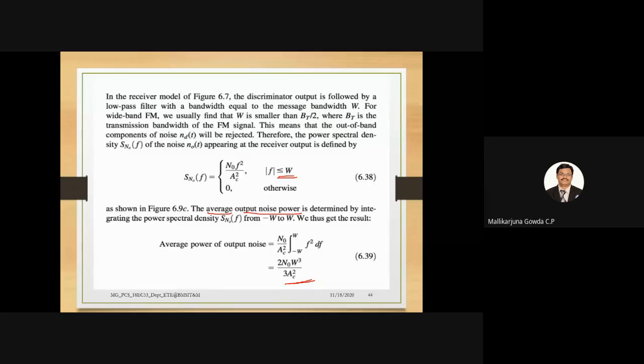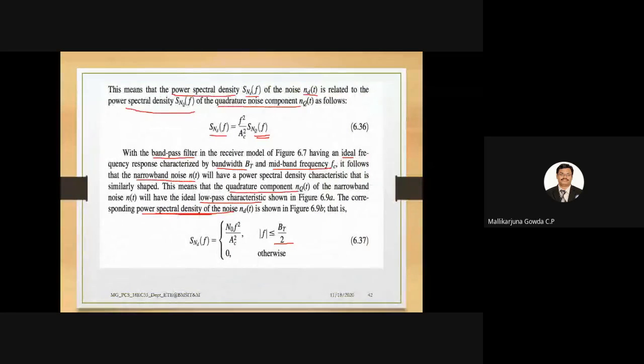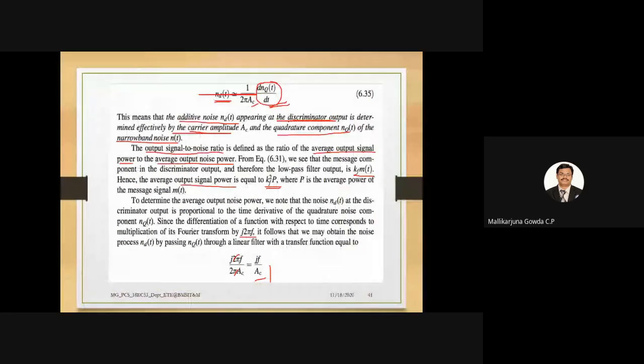Okay, now we found the output SNR, that is the average power of the message signal at the receiver output, and we found the average power of the output noise. Then the ratio of those two will give you the output SNR. The average power of the message signal is equal to K_f squared P. Yes, I have done here, right?